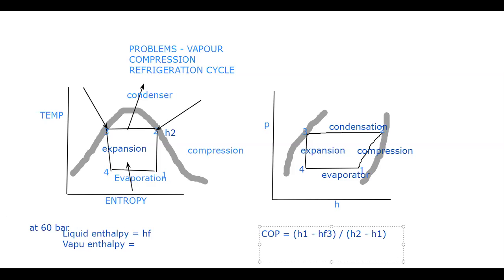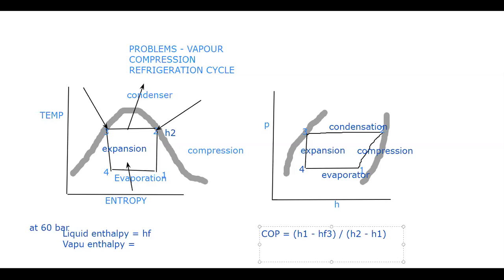Now he has given another piece of information: the rate of flow of ammonia is 5 kgs per minute. That means for every kg I am extracting 122 kilojoules of heat. If I am sending 5 kgs of ammonia every minute, how much heat will it extract? That is nothing but multiplying 122 with 5.